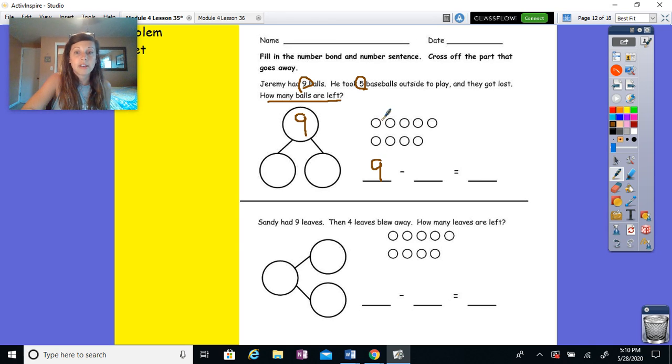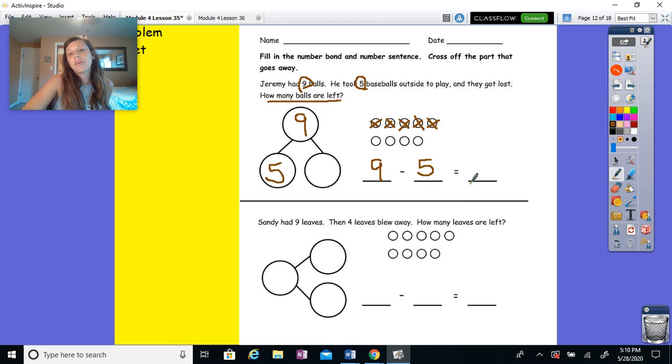So let's cross off 5. 1, 2, 3, 4, 5. So we're going to write the number 5 next in our number sentence because that's how many we crossed off. So 9 minus 5, and I'm going to put 5 in one of my parts.